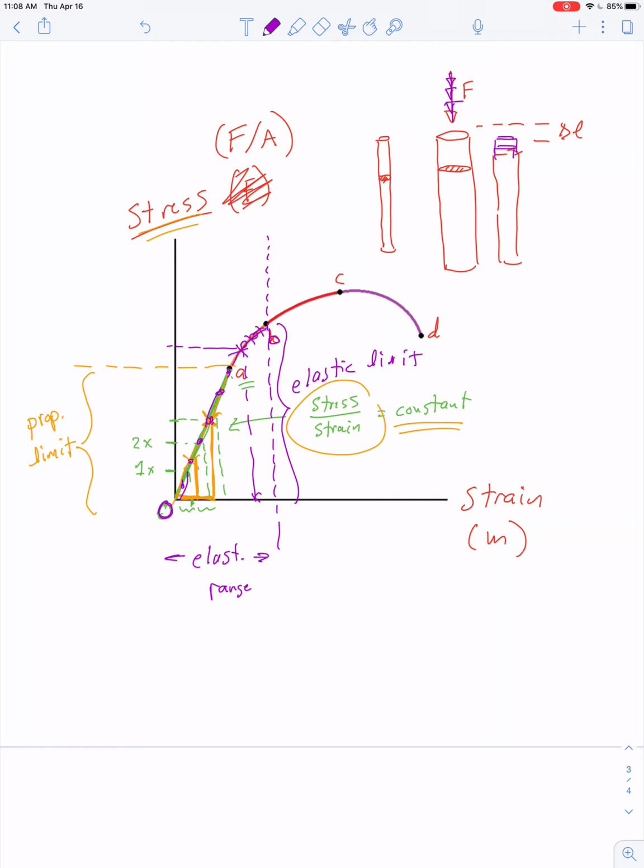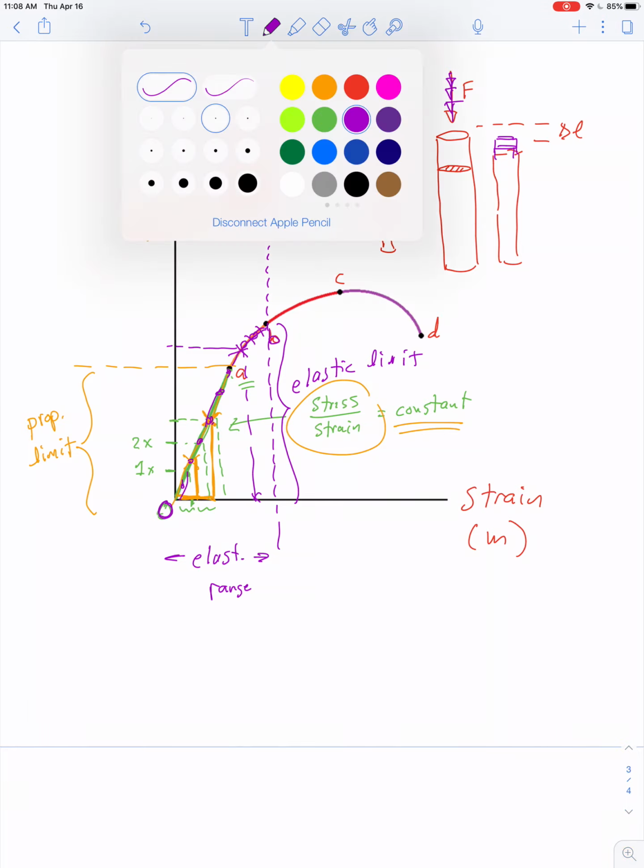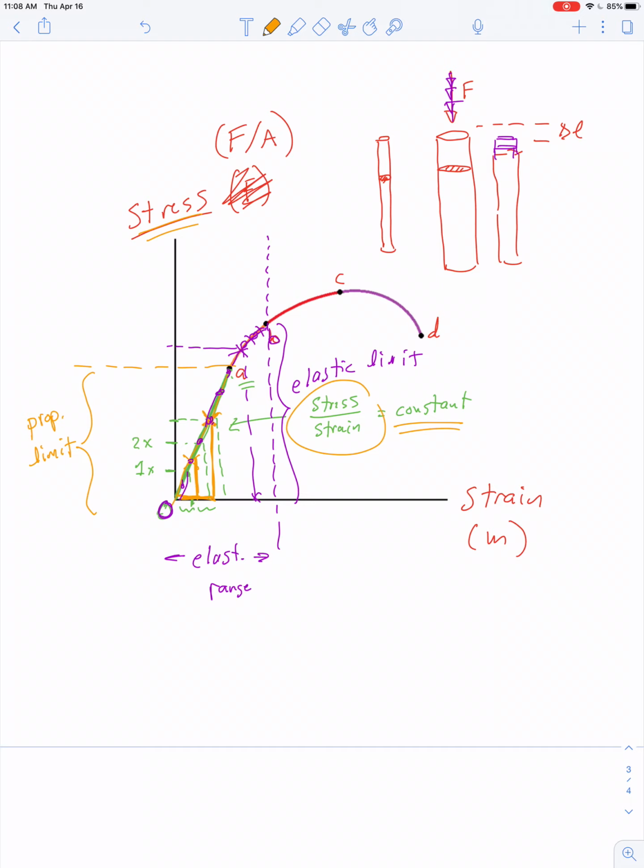So something interesting happens if you increase the force beyond the elastic limit. So you provide an amount of stress up to this point. Then, once again, you get a greater amount of strain as a result. But now if you were to start to back off the stress and collect data points going in reverse, you wouldn't get the same set of data points.